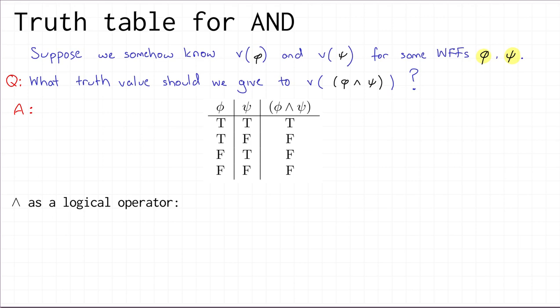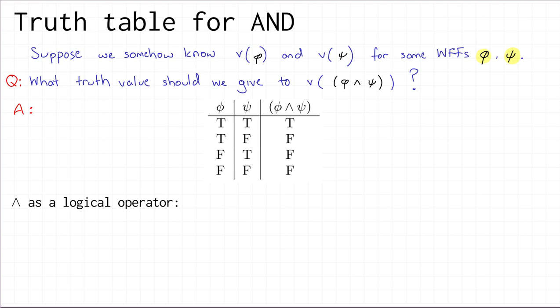And the answer here is, well, if we're going to do this in a way that reflects the ordinary meaning of the word and, then phi and psi should be true when both phi and psi were true and false in all other cases. That's because normally when somebody says it is Monday and it's raining, the only time that they're telling the truth is if both of those things are true. It is Monday is true and it is raining is true.